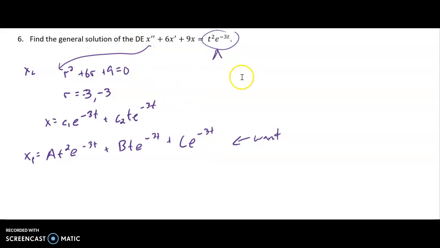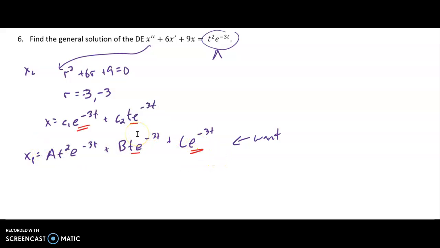Now, look, we have a problem. This matches this, and this matches that one. So what that means is that I need to start after the one that is not mixed between the xc and the desired xp.